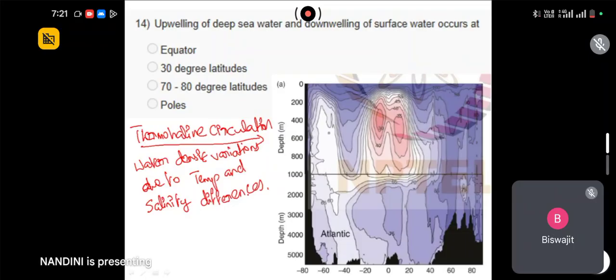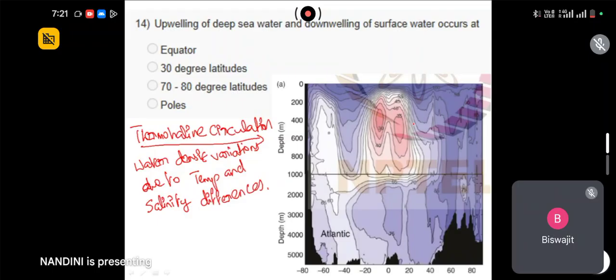So this basically shows the concentration of oxygen along the latitude over the Atlantic Ocean. Generally, the surface values are characterized by high oxygen concentration levels, and deeper levels are characterized by low oxygen concentration levels.